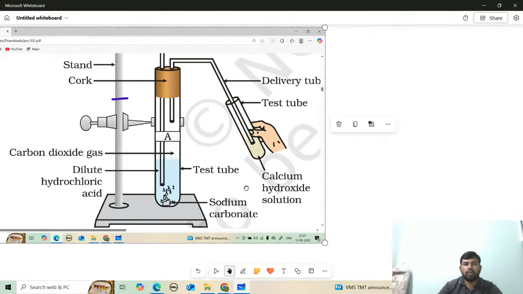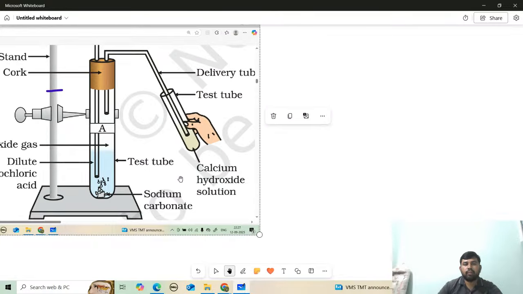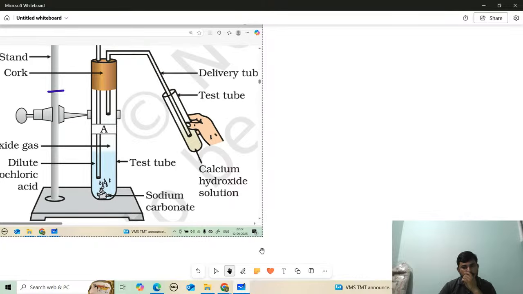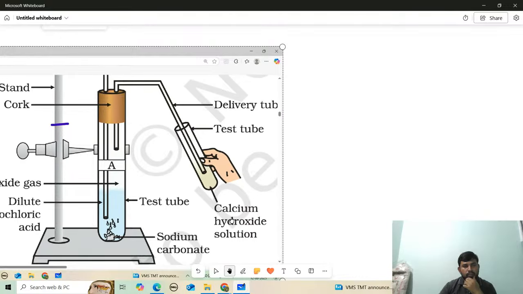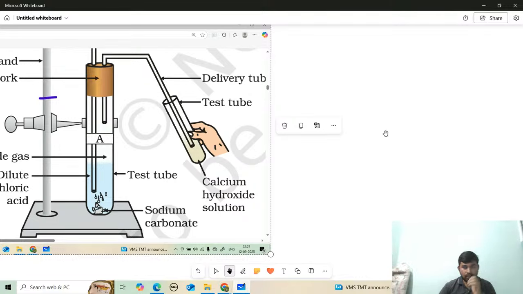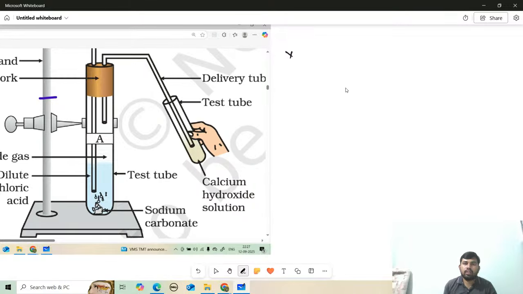Let me write here better. See the diagram here. Now see, this reaction, actually they given two things here. First one is metal carbonates.